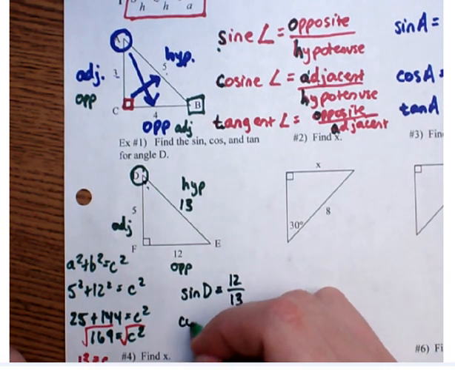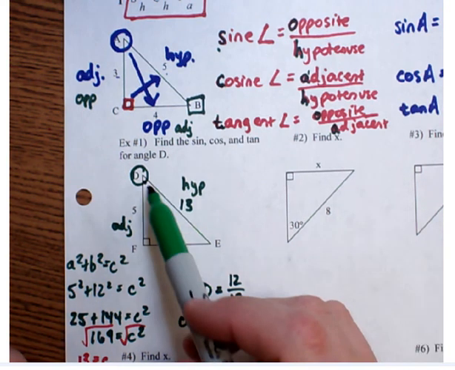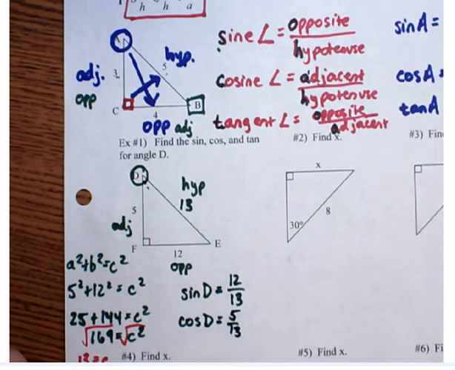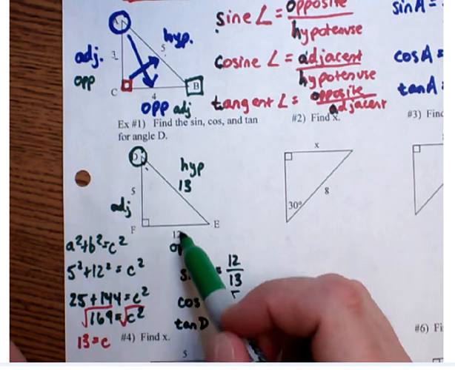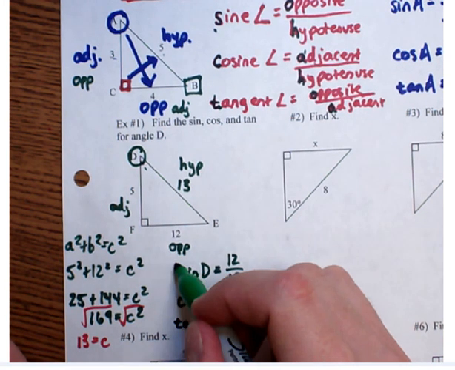Cosine, so CAH. Cosine is adjacent over hypotenuse. Cosine of D is 5 over 13. And then the tangent of angle D, tangent is opposite over adjacent, TOA. Opposite is 12, adjacent is 5. And those are the answers.